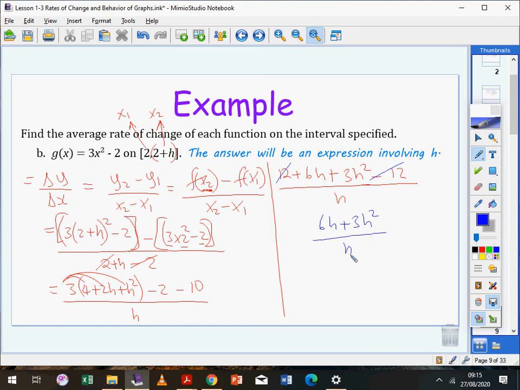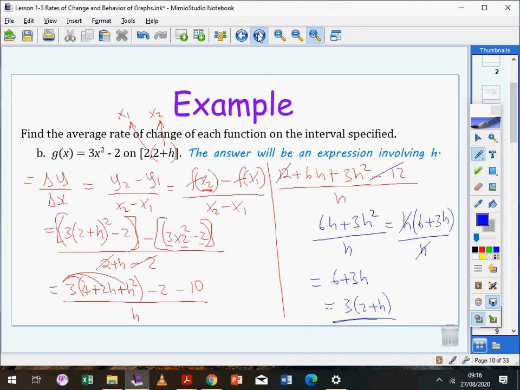If I simplify that, because h is common, I can factor out h into 6 plus 3h, everything divided by h. And if I simplify that, it's 6 plus 3h. I can still write it as 3 into 2 plus h.